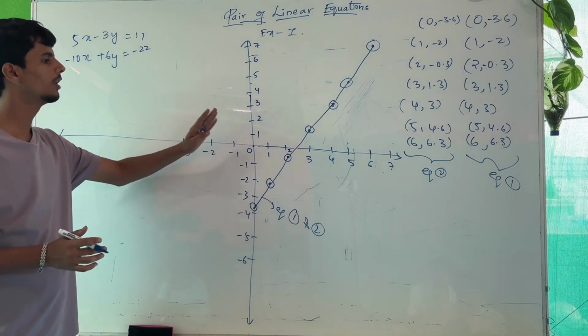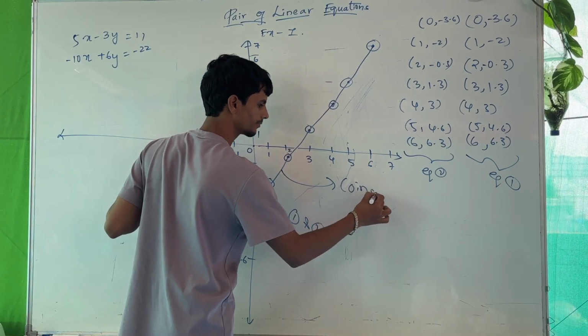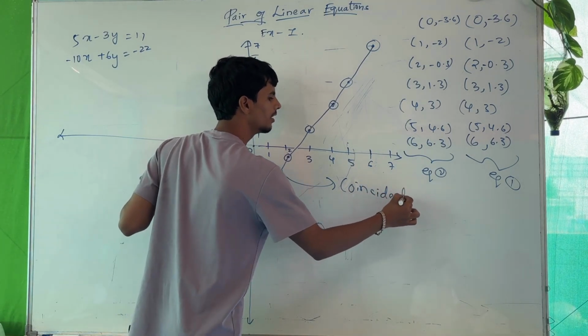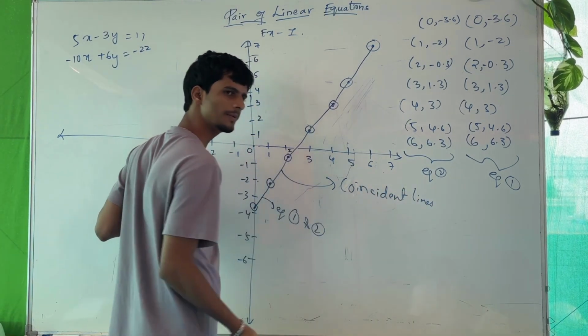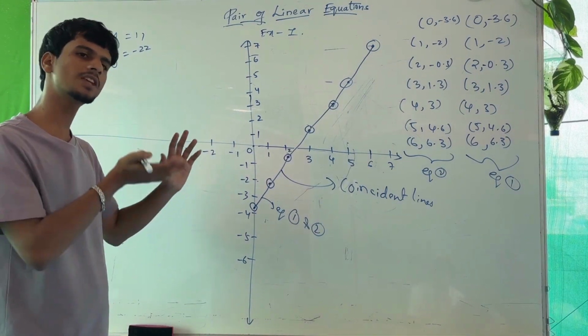So these lines are called coincident lines. Here we are going to get infinitely many solutions, and for both of the lines we get the same solutions.